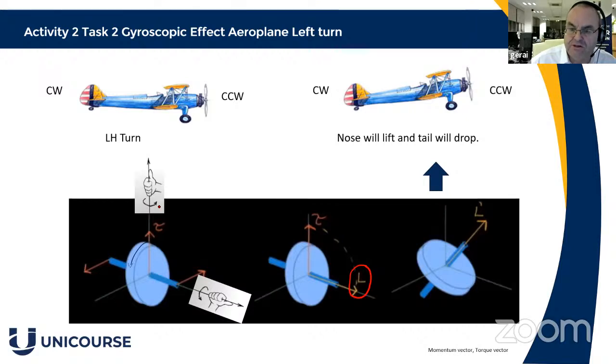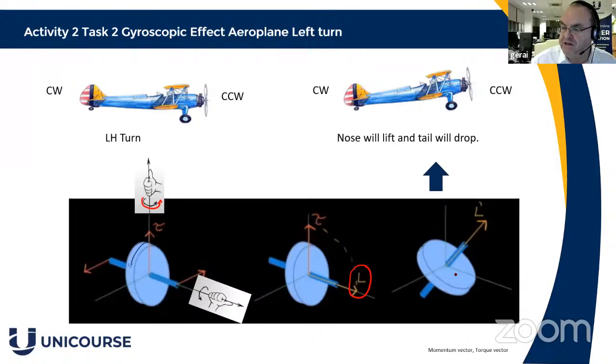So we wrap our fingers around in the same direction as the torque being applied to the system, and we'll see our thumb is this time pointing upwards. So the torque vector is in the vertical direction.